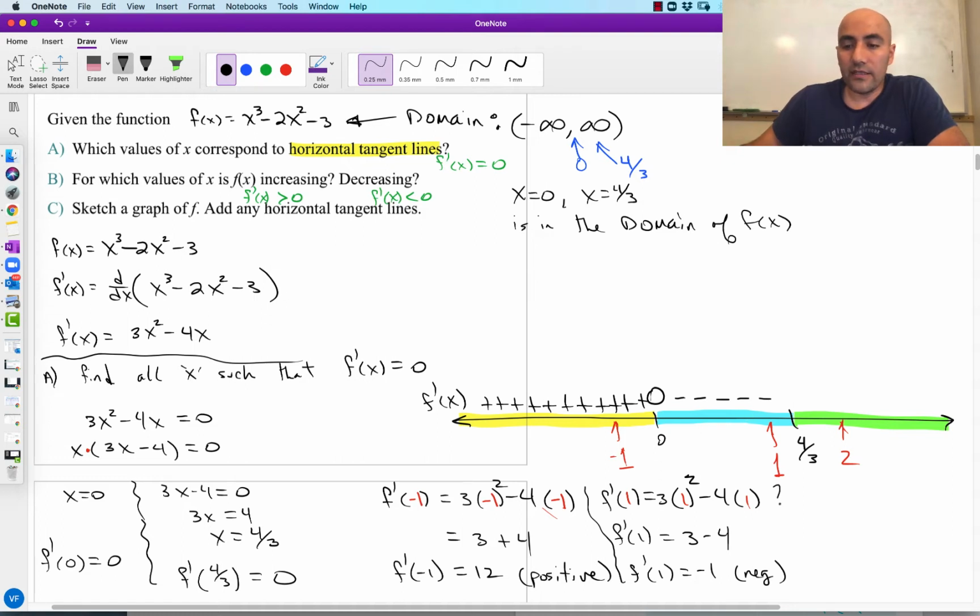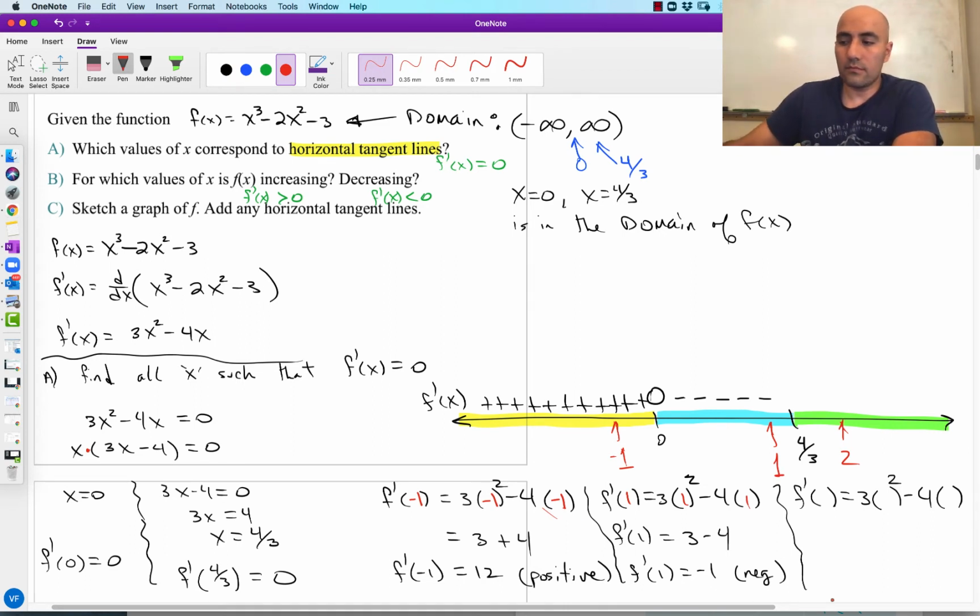Okay. Finally, let's do the last test point. f prime of blank equals 3 times blank squared minus 4 times blank. And so now we're going to put in a 2 in here. So put a 2 in there, 2 in there, and 2 in there.